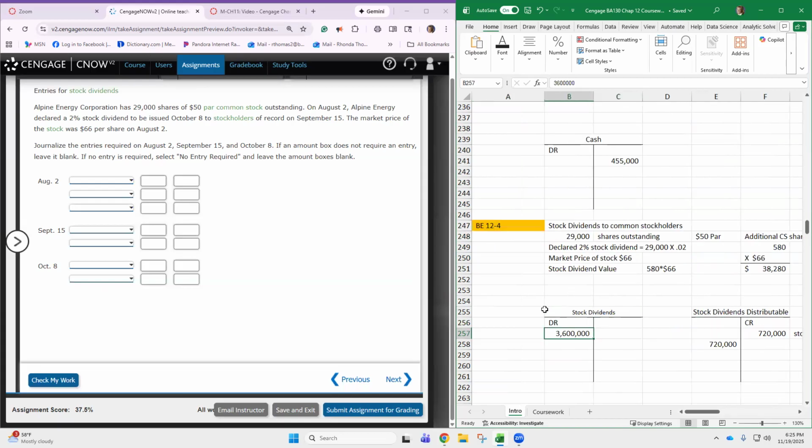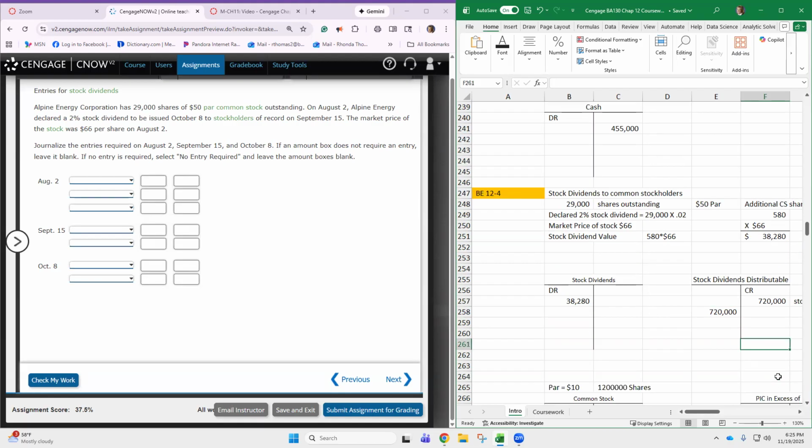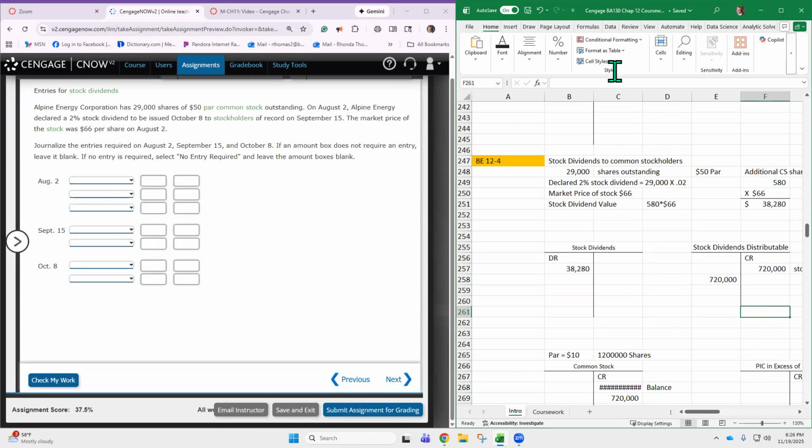So our stock dividend should be $38,280 that we're sending out in value. So we're going to put that in a stock dividend account. The stock dividend distributable, let me look at my notes here. I think I got some notes to help me because I don't do this every day myself.